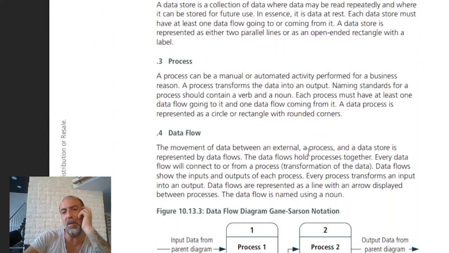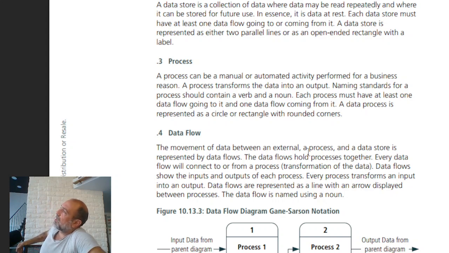A process can be a manual or automated activity performed for a business reason. A process transforms the data into an output. Naming standards for processes should contain a verb and a noun. Each process must have at least one data flow going to it and one data flow coming from it. Yes, a verb and a noun.